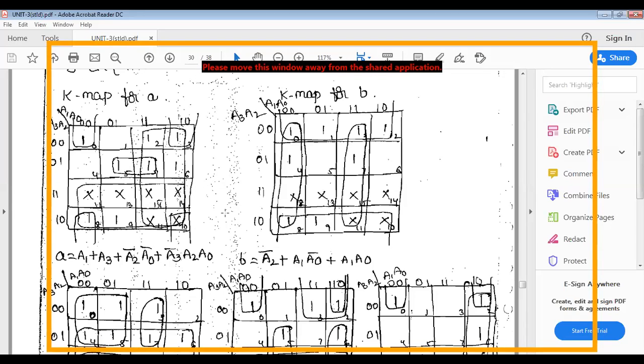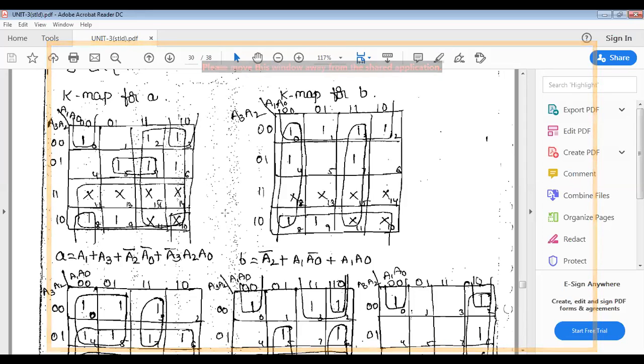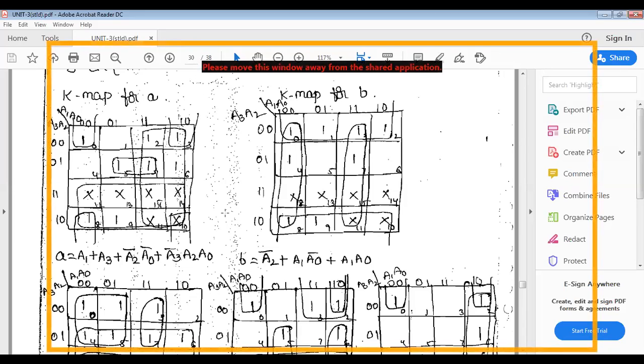To cover the 5, you can see that the 5 and 7 here are used as a two box combination. It is not a 2 box combination, my dear students, it is a 4 box combination. Since 13 and 15 are in the don't cares, you can use the maximum box combination with don't cares.